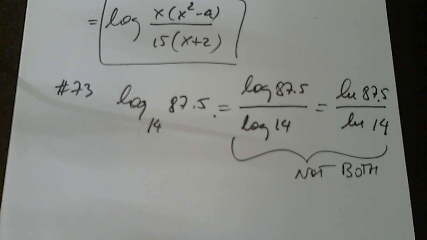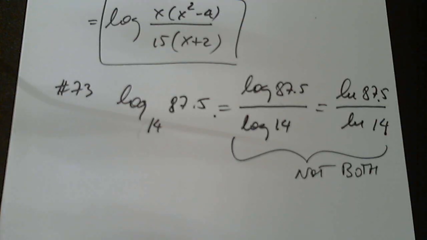It's log of 87.5 over log of 14. And natural log should give us the same answer. Natural log of 87.5, this is the change of base formula, divided by natural log of 14. It has to be an identical number, 1.69.